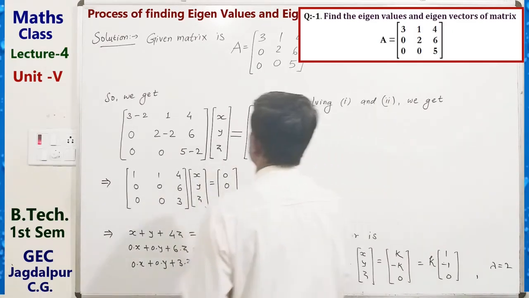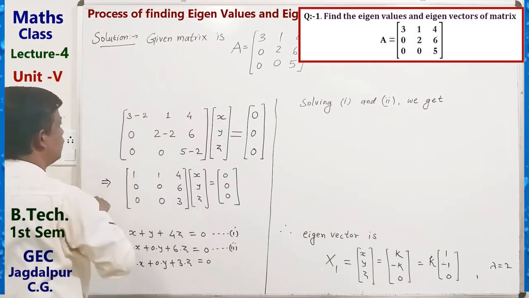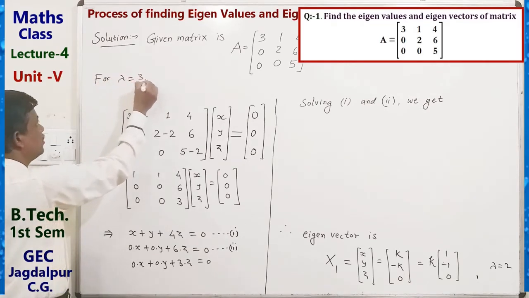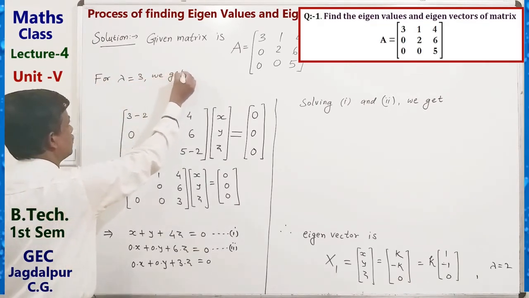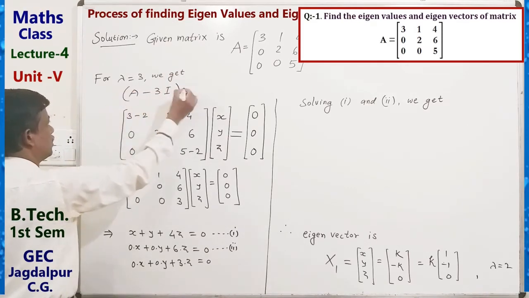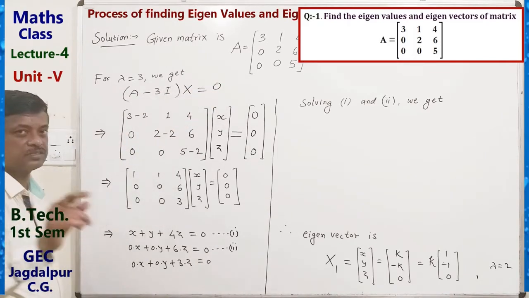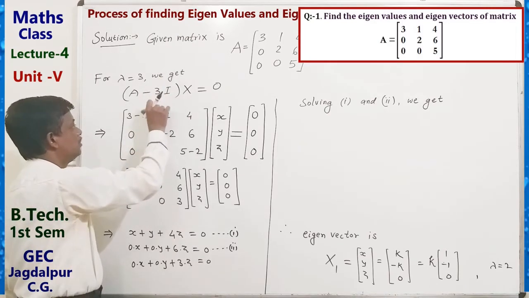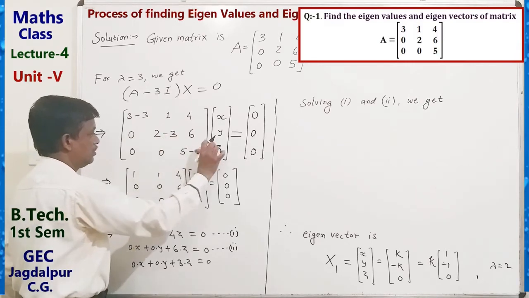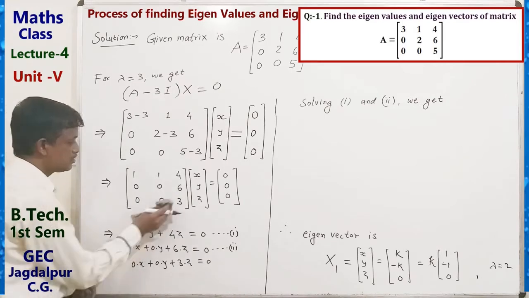First of all, for lambda equals 3, we get (A minus 3I)x equals 0, which implies that in place of lambda the value will be 3, so the matrix will be different.